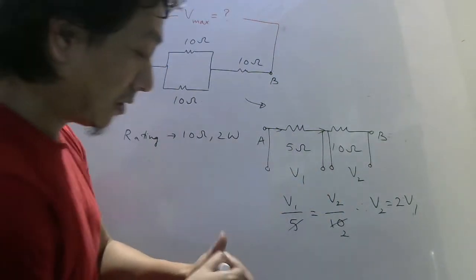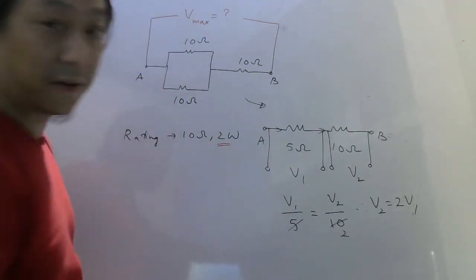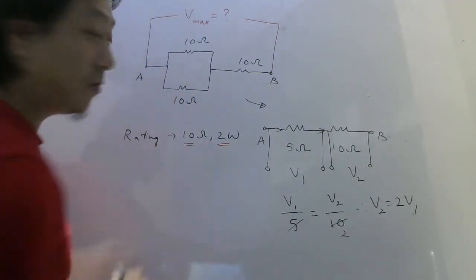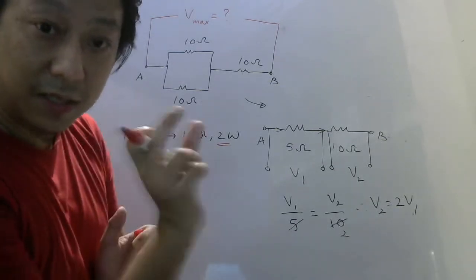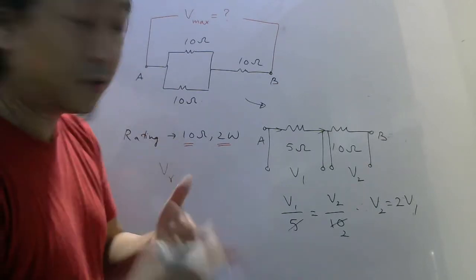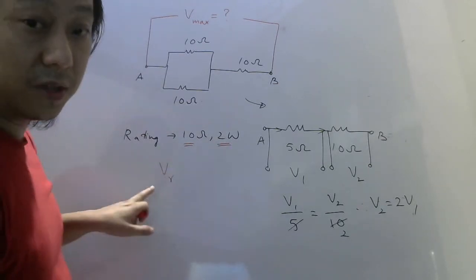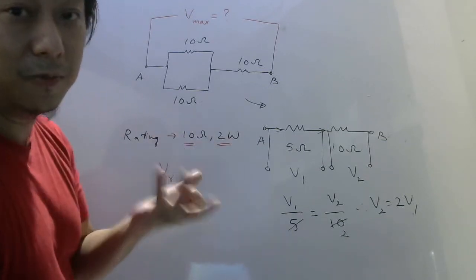Now, if this is the power rating and this is the resistance, then we can find the voltage rating. Voltage rating means the maximum voltage each one can develop so that the power consumed is maximum. More than this voltage will result in more than this power. Then the resistor will fuse.